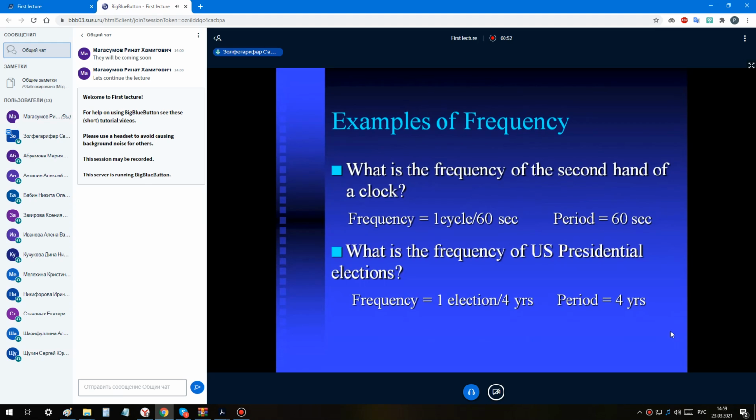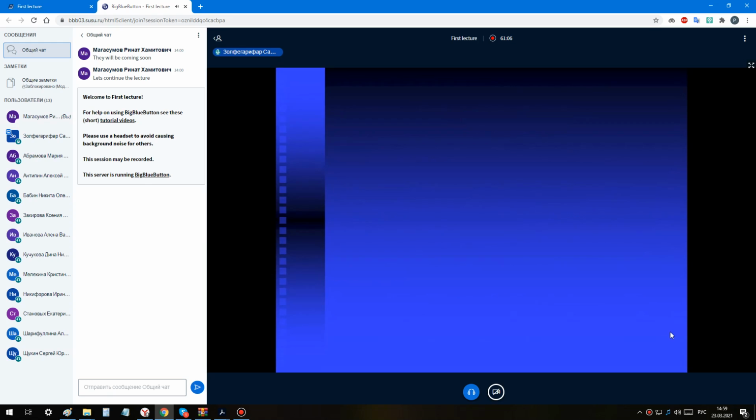It is 1 election per 4 years, so the period is 4 years. In symbolic form, the frequency equals 1 per T, the period. The relation between period and frequency is shown in this equation.